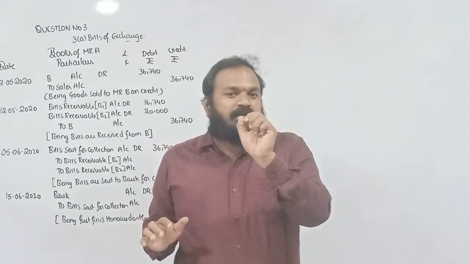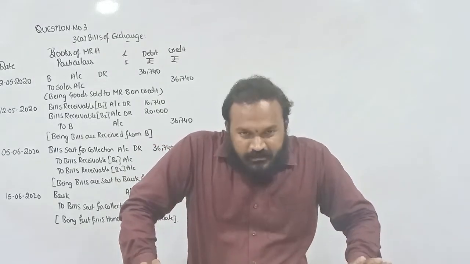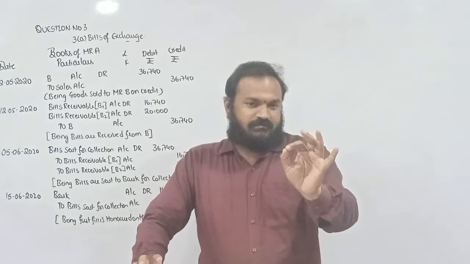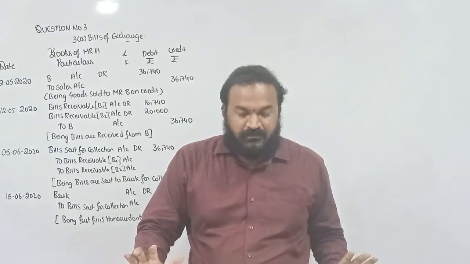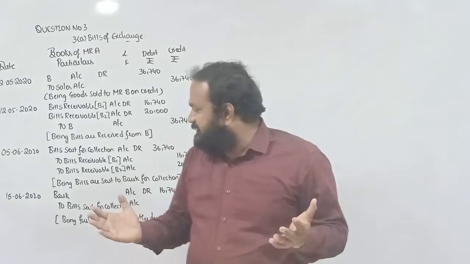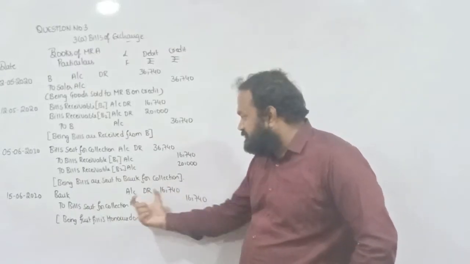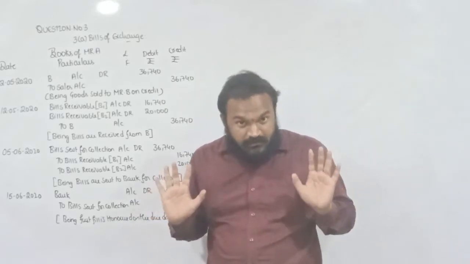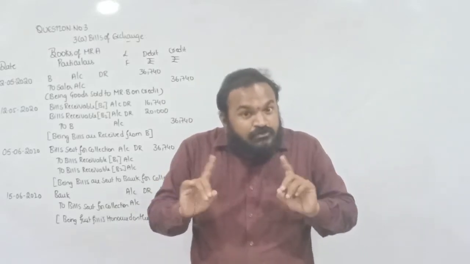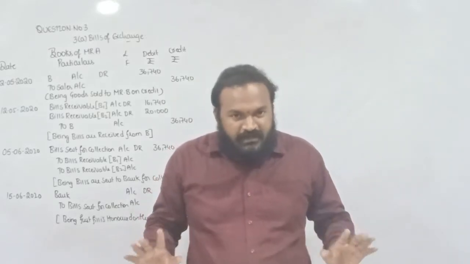Since 15th August is a public holiday, 14th August will be the due date, right? If the bill amount is collected now, on 14th August we write: bank account debtor 20,000 to bills sent for collection. Clear? But the second bill is not honored, it is dishonored on the due date.